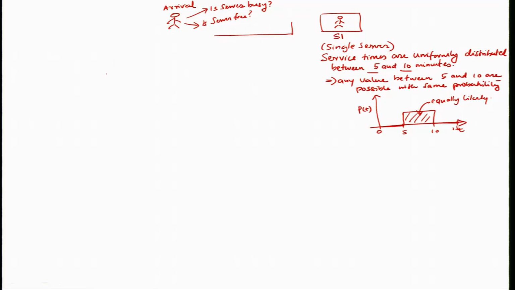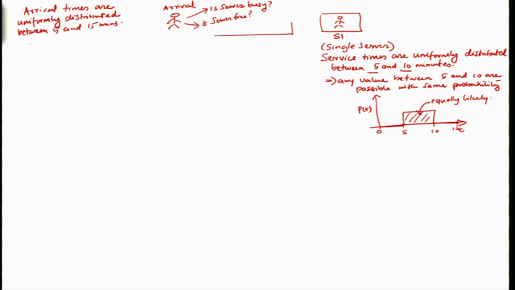Okay. So, let's say that the arrival times are uniformly distributed. We will take uniformly distributed for the time being to make life easy, and then we will see complicated models later. Arrival times are uniformly distributed between 5 and 15 minutes. Okay.